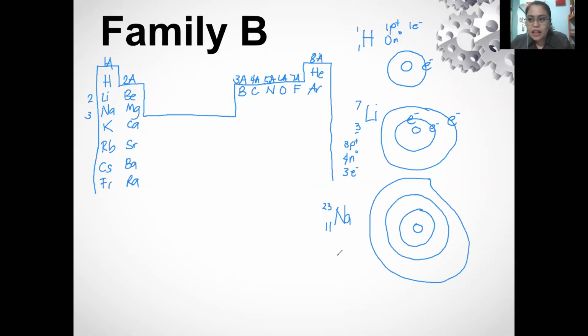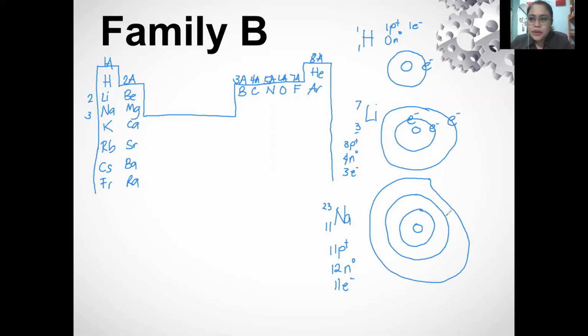So, the subatomic particles for sodium are, we have 11 protons, and then 23 minus 11, so 12 neutrons, and it has no charge, so 11 electrons also.